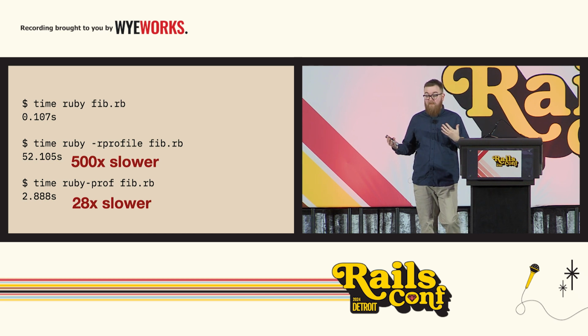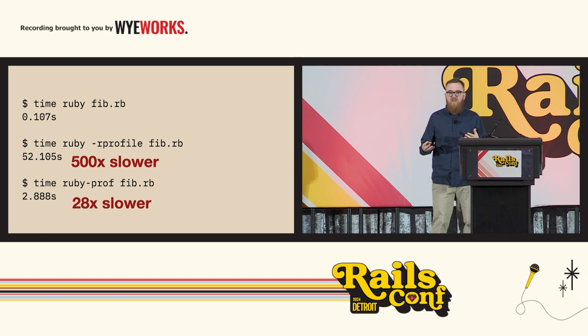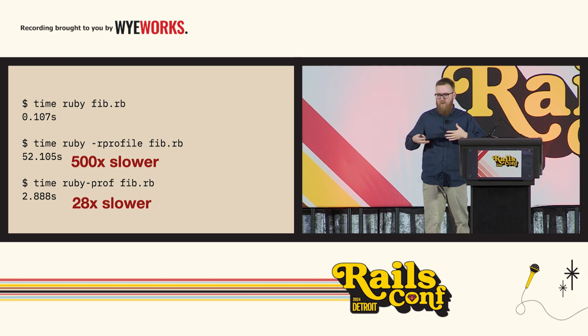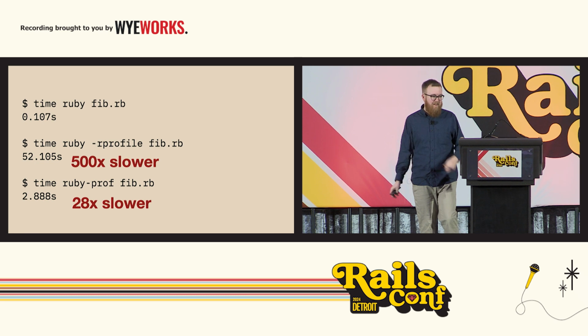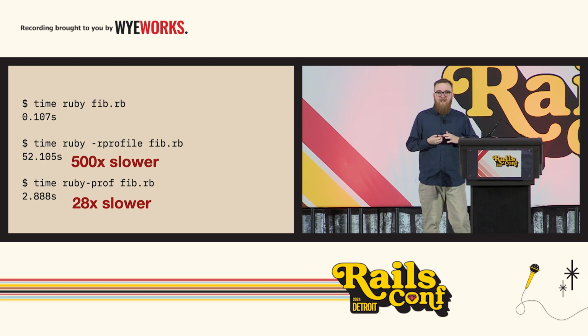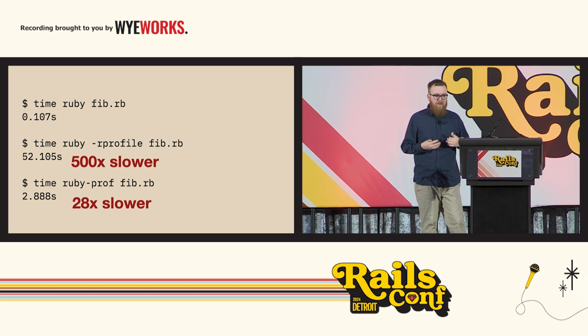For one, something that's 30 times slower is probably too slow to ever run in production. And oh yeah, this also is not compatible with a JIT compiler, so it's probably even more than 30 times slower today. So this is not compatible with production, and really you should be aiming to do profiling in production if you're able to.